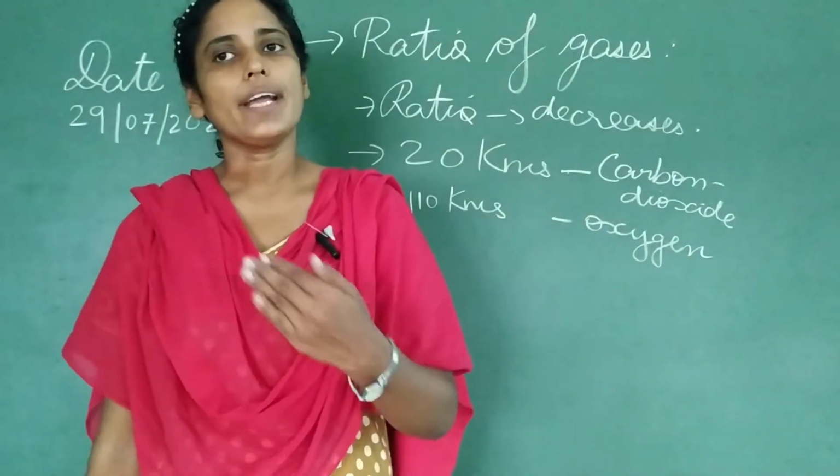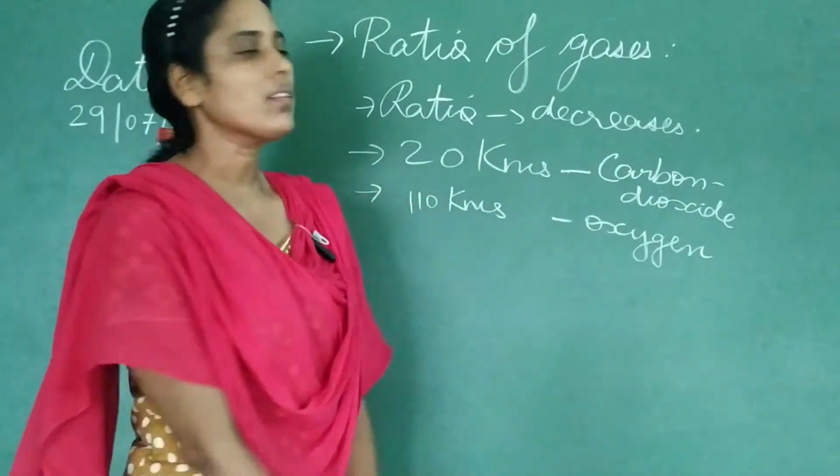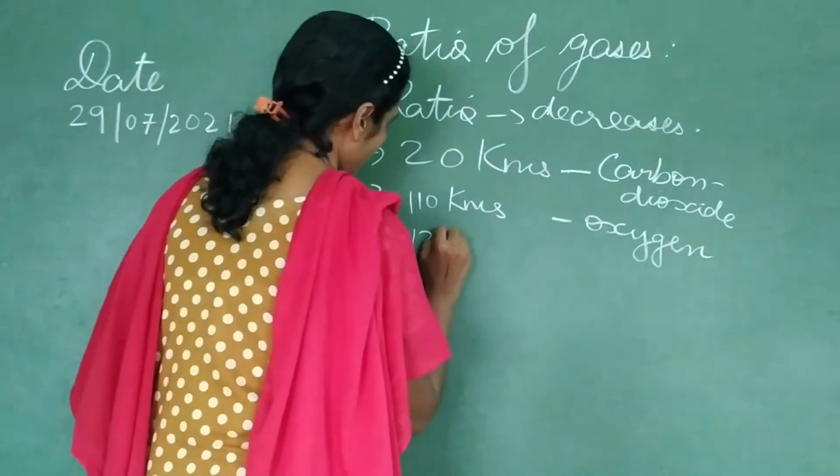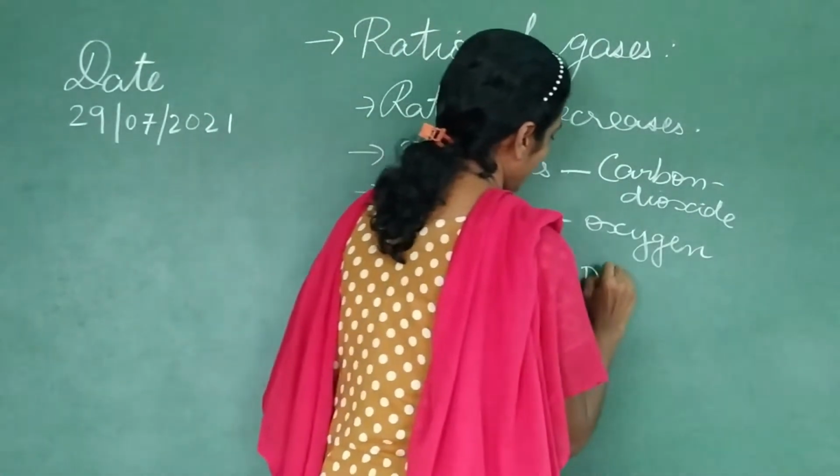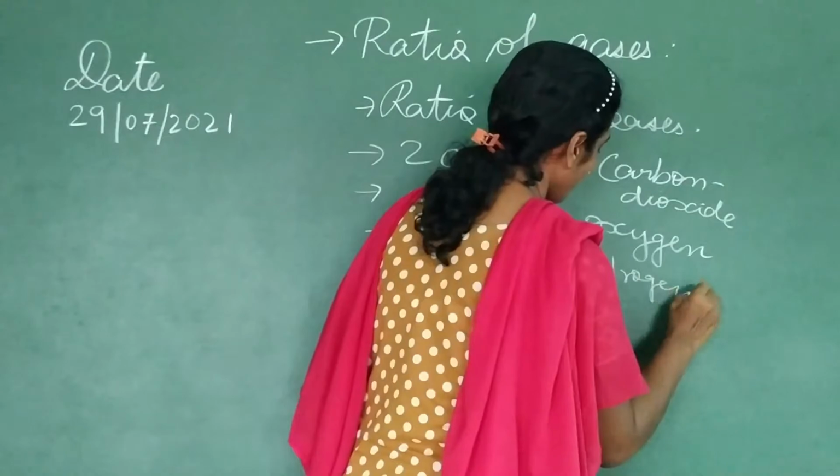Then for nitrogen, after the approximate height of 130 kilometers. These are the main ones here.